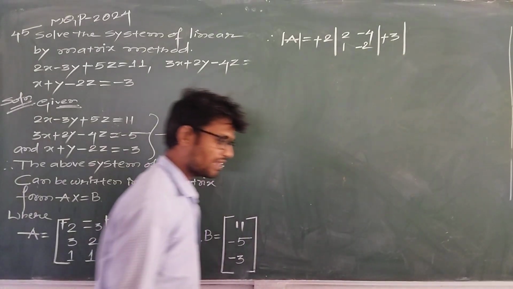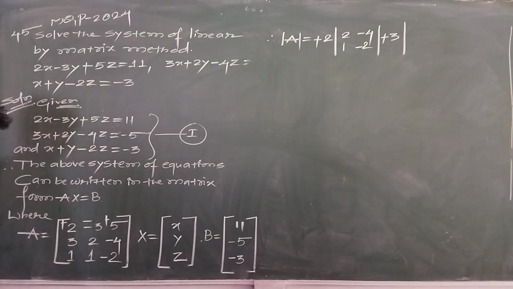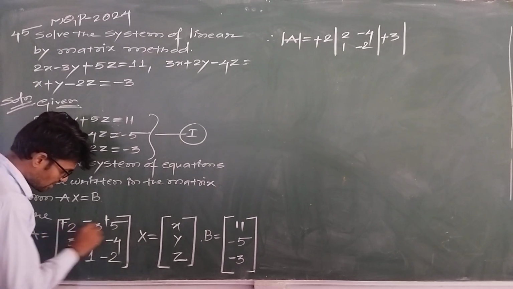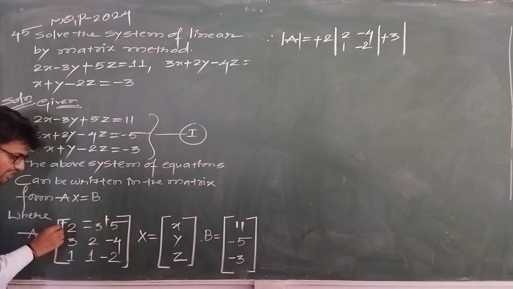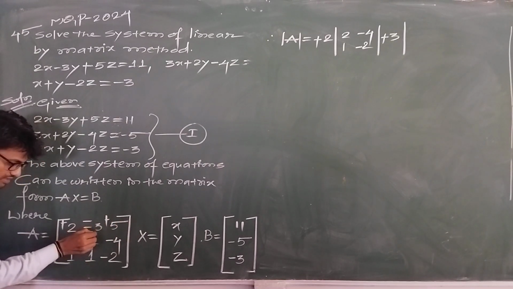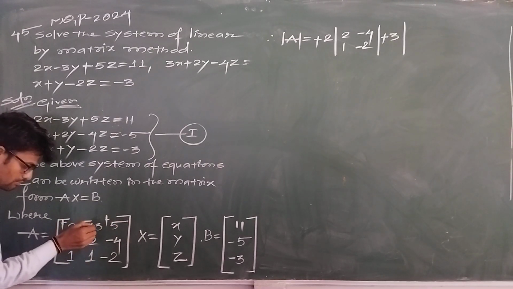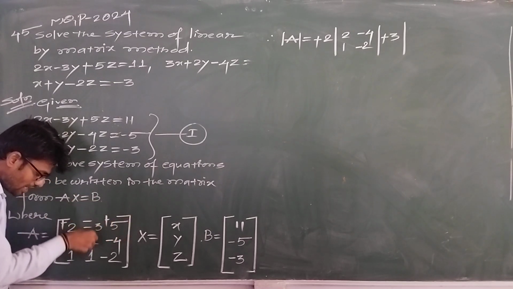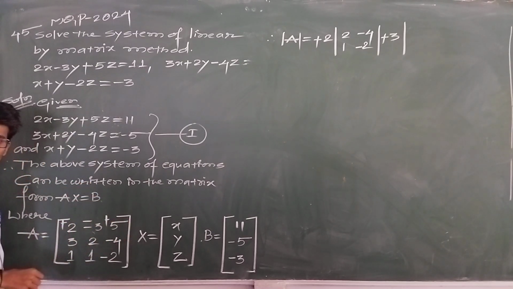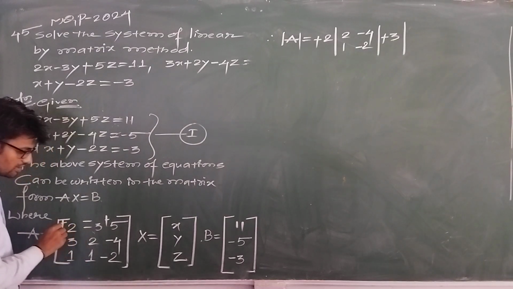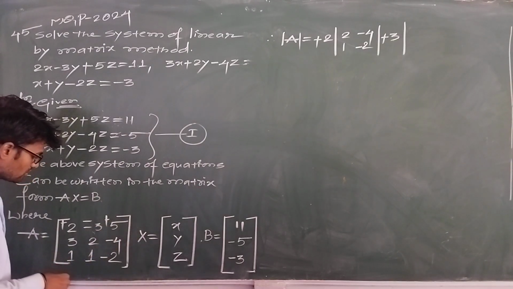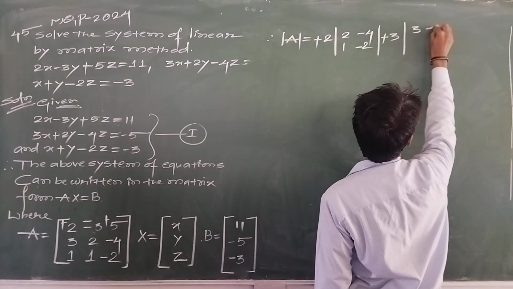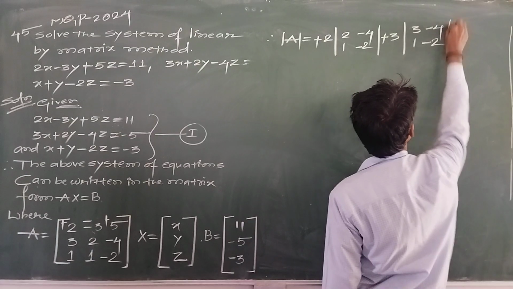Next, take the values inside the determinant by deleting this row and this column. Why am I deleting this row and this column? Because this minus 3 is present in the first row and second column. So the elements will be 3, minus 4, 1, minus 2.